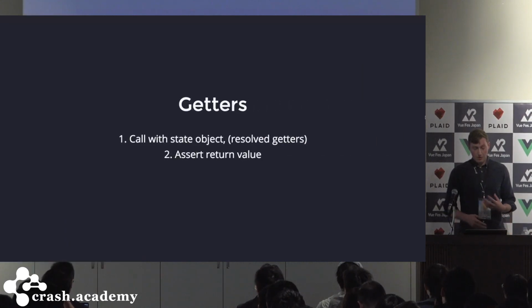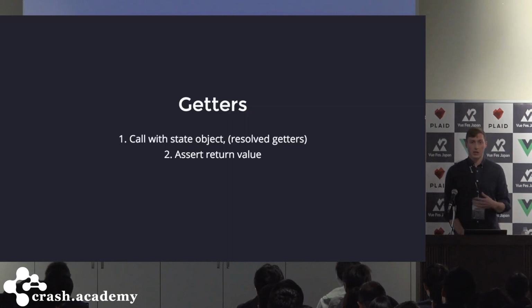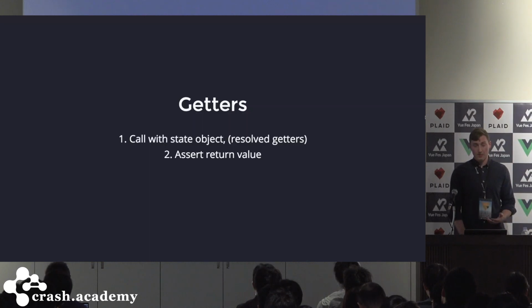So the process of unit testing getters is that you call the getters with a state object. If your getter uses resolve getters, then you'd also call it with an object containing fake resolve getters, and then assert that the return value is correct.